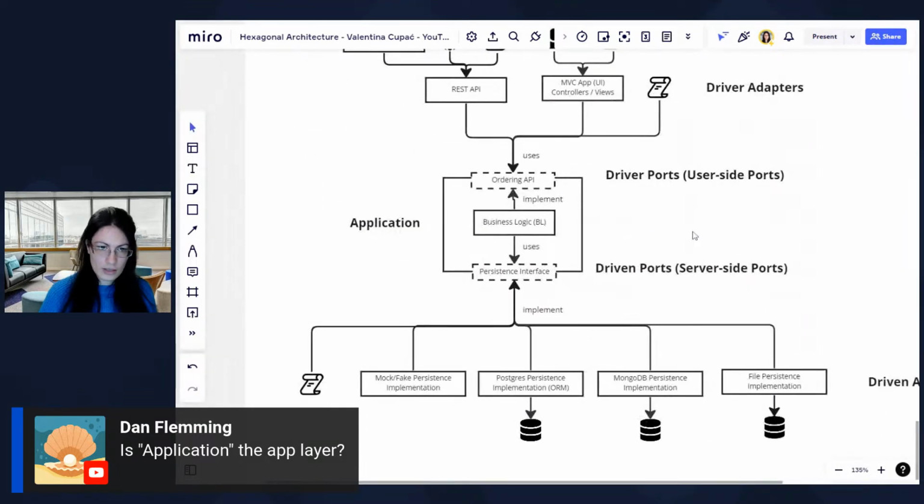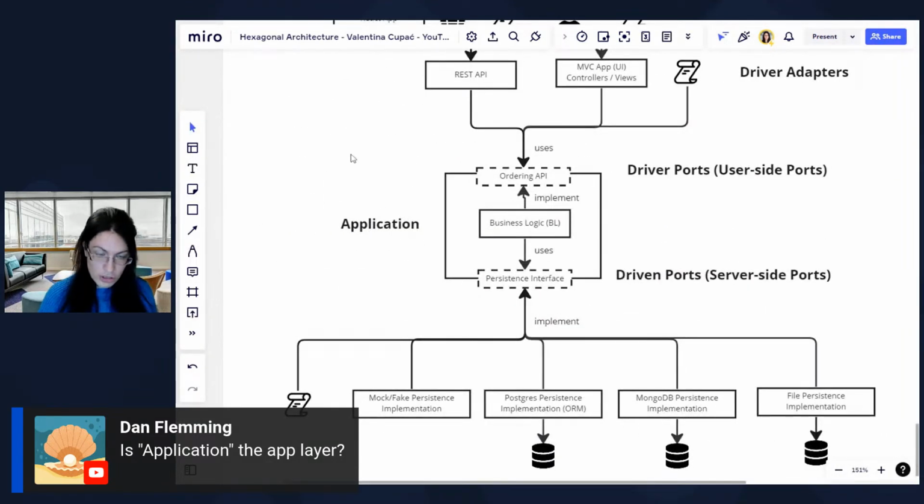The definition of application within Alistair Cockburn's hexagonal architecture is exclusively this. Application essentially encapsulates the business logic, and it also has user-side ports and server-side ports at the boundary, and that's it. That's the application. It's like a wrapper around business logic to protect the business logic from the external world.